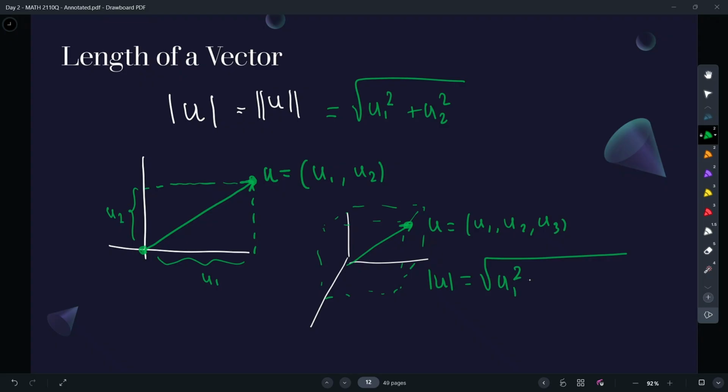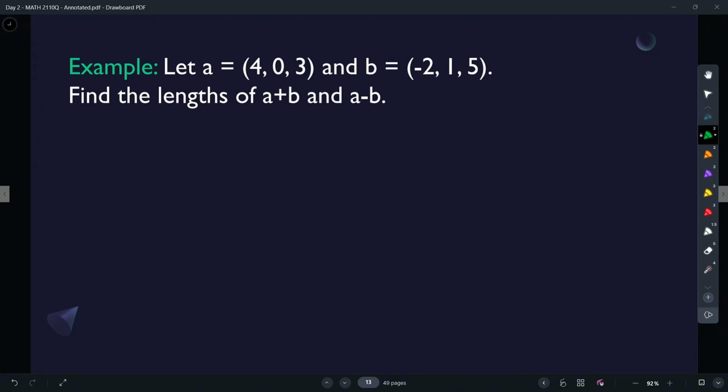That is the square root of the sum of the squares of the coordinates. Okay, so we can do that.